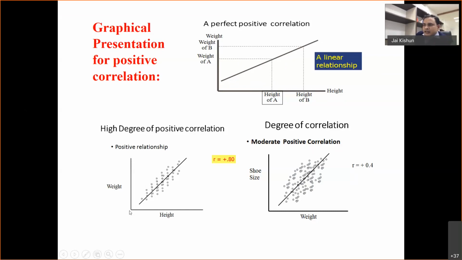Now another diagram may come like this, where the points are scattered around the line. In this case, the value of R will come like here we have written, 0.80, which means the relationship between these two variables is very strong.